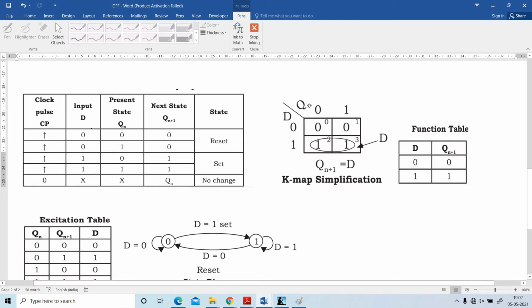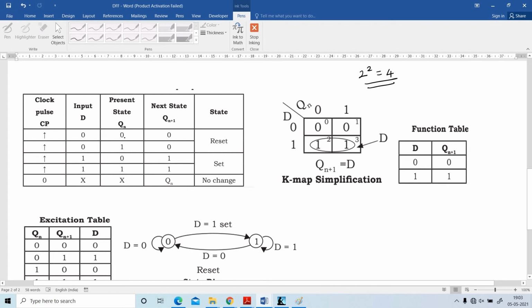So D and Qn, there are two variables. 2 power 2, a 4-cell Karnaugh map is needed. D in the vertical direction and Qn in the horizontal direction. Put 0 and 1, here also 0 and 1.